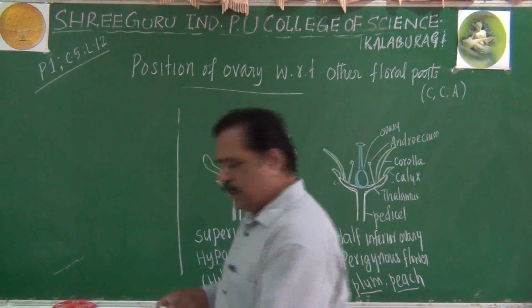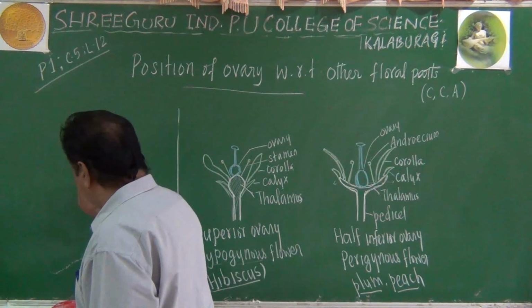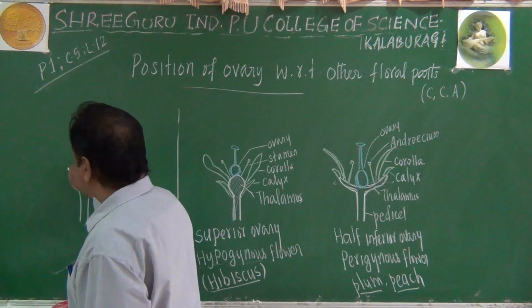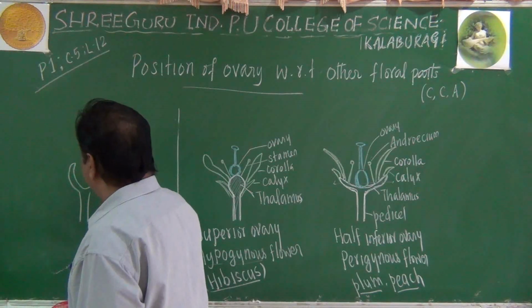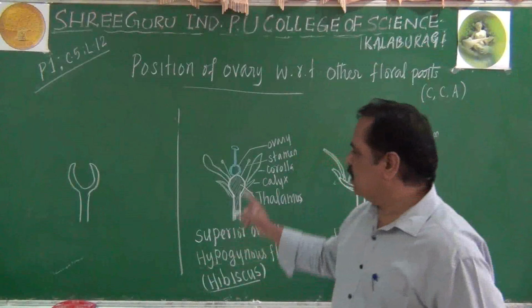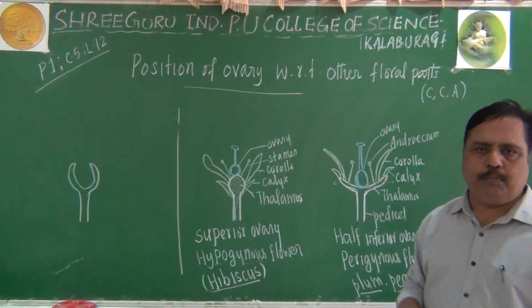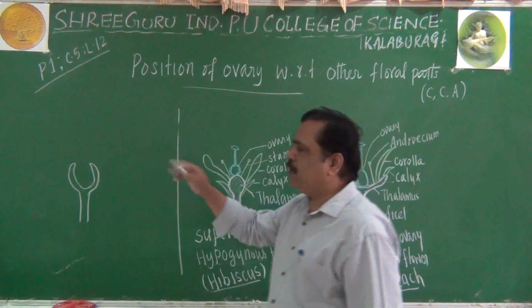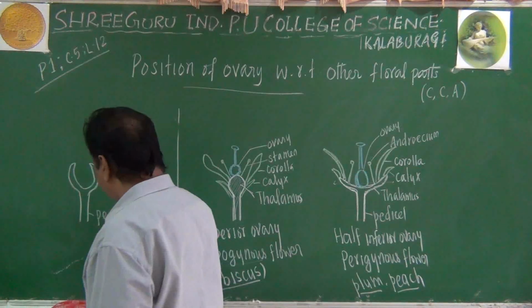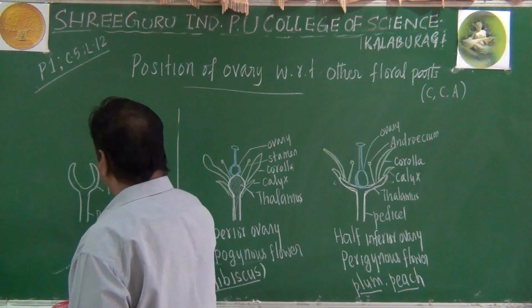In the third category, the thalamus or the pedicel will be like this. The thalamus will become a cup-shaped structure like this. Thalamus is not dome-shaped, not flat or boat-shaped. It becomes cup-shaped. So this is the pedicel. This is the thalamus.